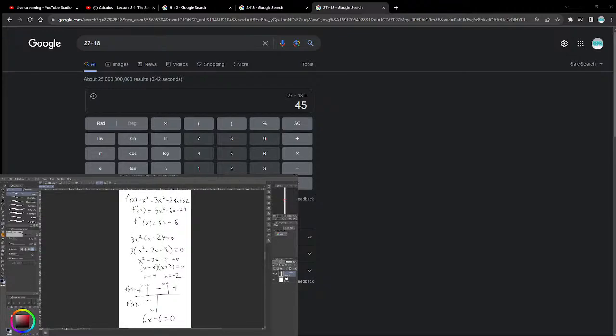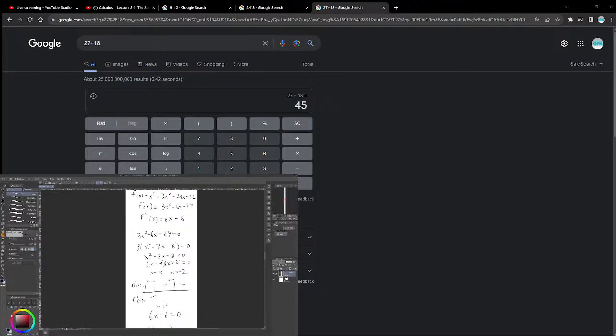Plug in a 2, that's a positive. This is concave down, this is concave up. Right. Down. Up. So it looks like that. Increasing, decreasing, increasing. Oh, I see.